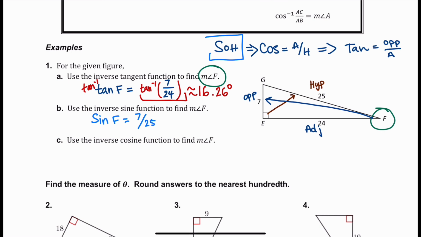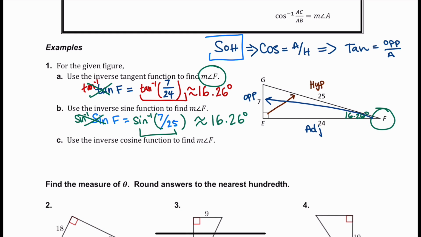To get rid of a sine function, I take the inverse sine of both sides, and these just cancel out. I have to do it to both sides of the equal sign. So I'm going to have inverse sine here as well, and when I put this into my calculator, if it's in degree mode, I will get the exact same angle for F. It should be 16.26 degrees.